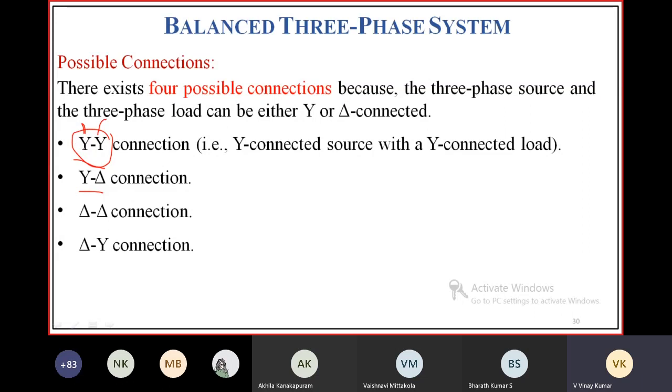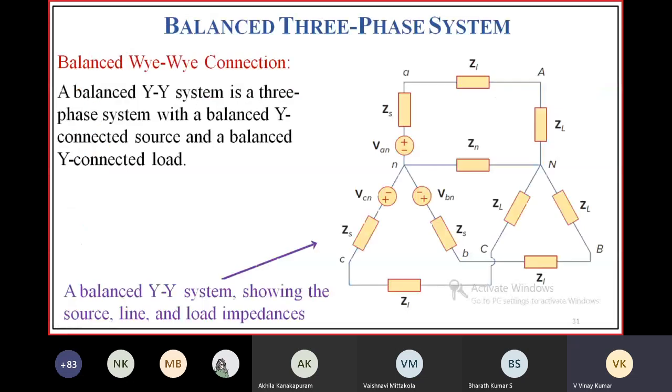The source is star connected, whereas this is the star connected load. Source is having star connection, load is also having star connection. Star connected source, delta connected load. Delta connected source, delta connected load. Delta connected source, star connected load.